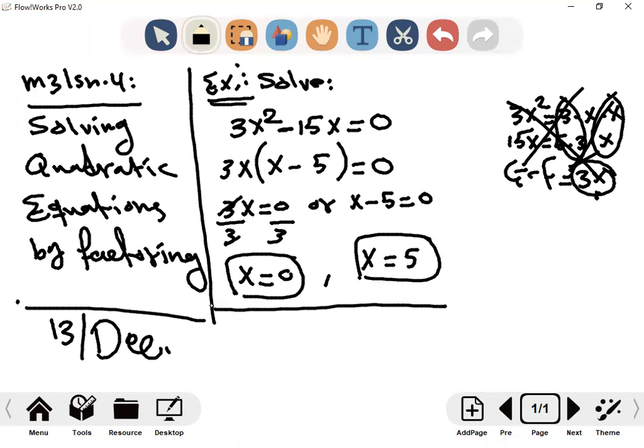Here we have two solutions. To check your answer, replace: 0 gives 0, and 5 gives 5² times 3, 75, minus 15 times 5, 75, minus between them gives 0. Done.